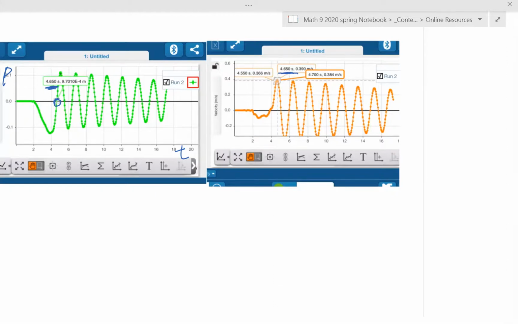So the position becomes equilibrium, velocity highest, then position will become highest, velocity goes back to equilibrium, then position goes back to equilibrium, then velocity goes to the negative maximum, then position goes to the negative maximum, right? So this is what we call the phase difference or the phase shift. It's a quarter of the period. You can see from the graph.